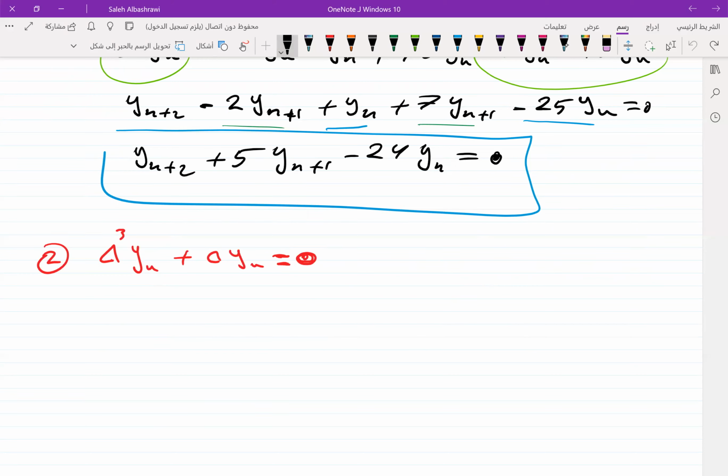Delta is equal to E minus I, so we have (E minus I) to power 3 y sub n plus (E minus I) y sub n equal to 0.